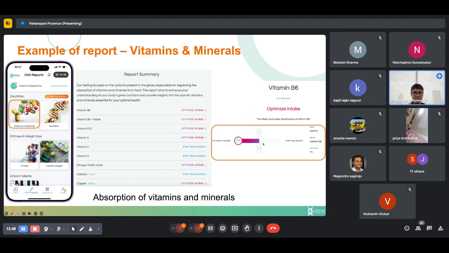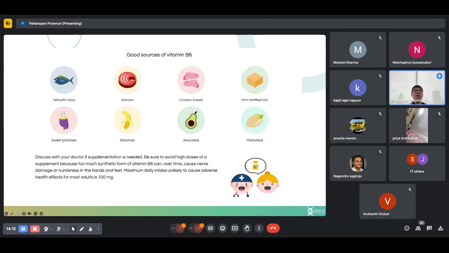We have details such as what genes we test, what marker, what positions of the gene we test, and also the bases that you get, T and C, just like I say. This pattern says that I have to take optimized intakes of vitamin B6. And there are many other details, for example, how to optimize your intake for B6.